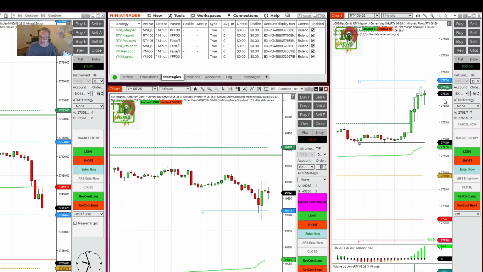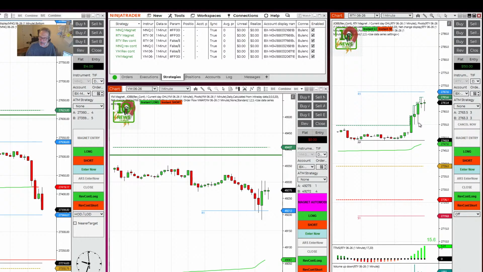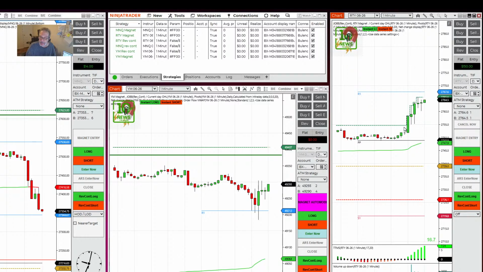Look at the RTY, it just went wild before the open. It just went up and up and up. And I'm not really seeing any news above and beyond just normal commentary. Not seeing anything above and beyond the norm.